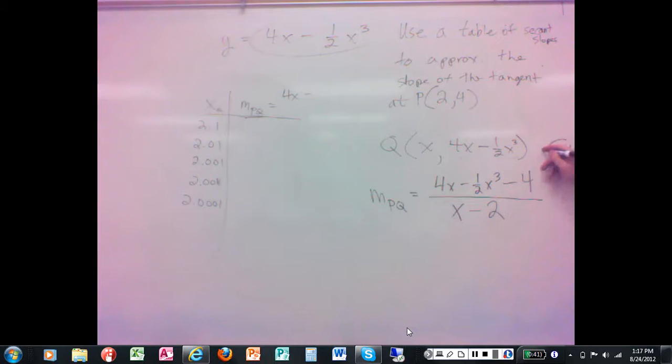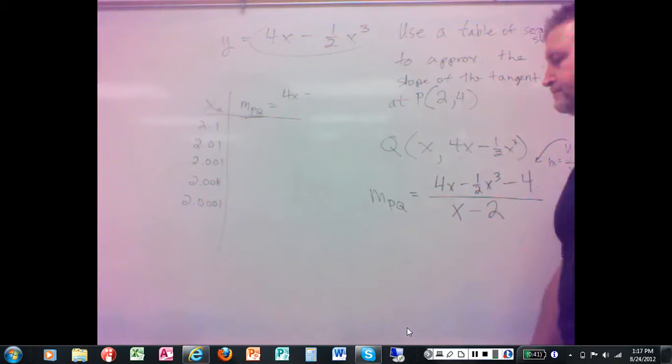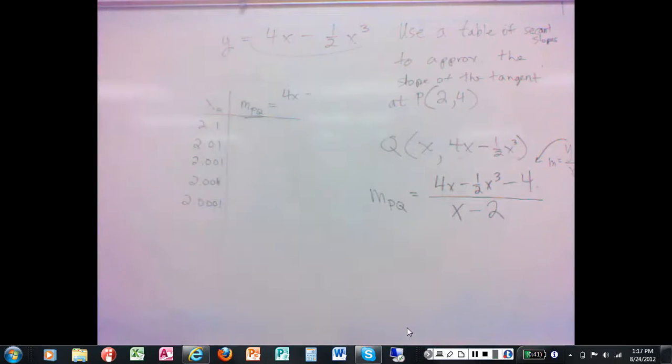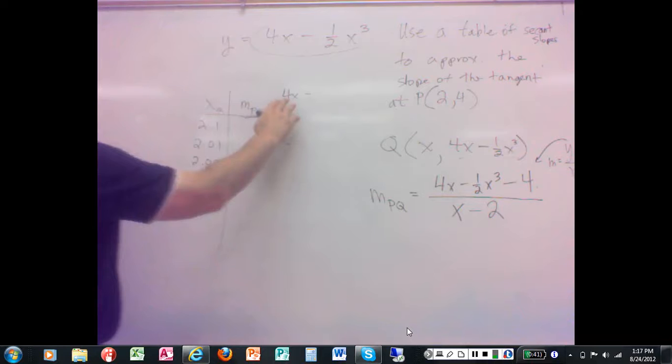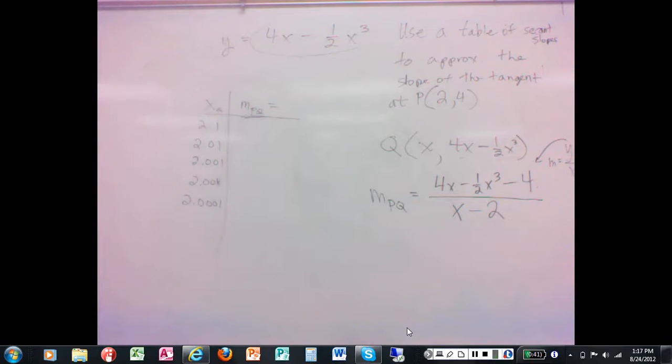Yeah, I should have written that one first of all. So put that in here for your table. I'm not going to rewrite it. Let's just go to it. Put that in for y1: parentheses 4x minus 1/2 x cubed minus 4, divided by parentheses x minus 2.